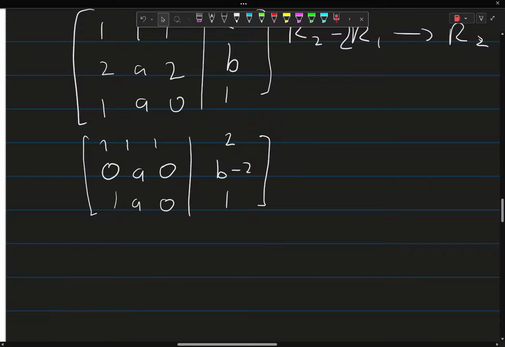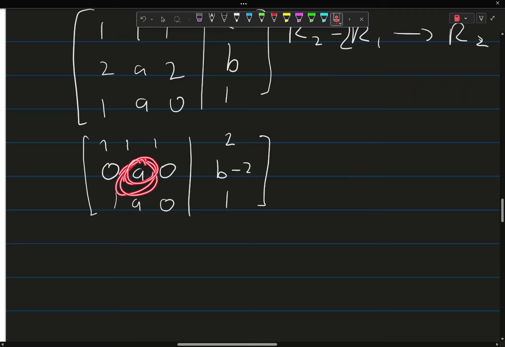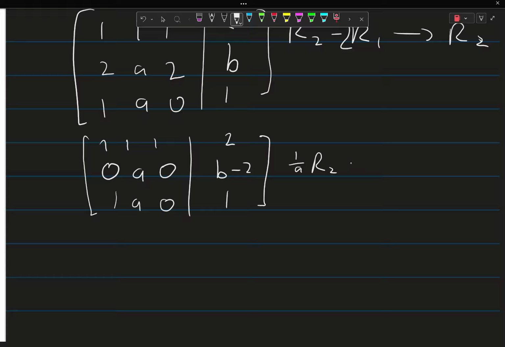But right here, if you notice, we just have that a, and we can get that into the row echelon form we need if we just divide by a. So if we go 1 over a row 2, that is the new row 2.